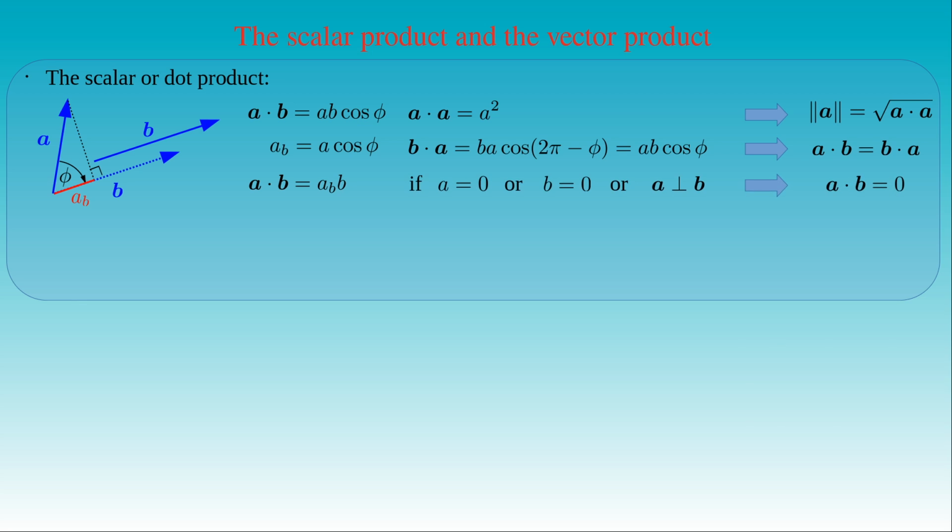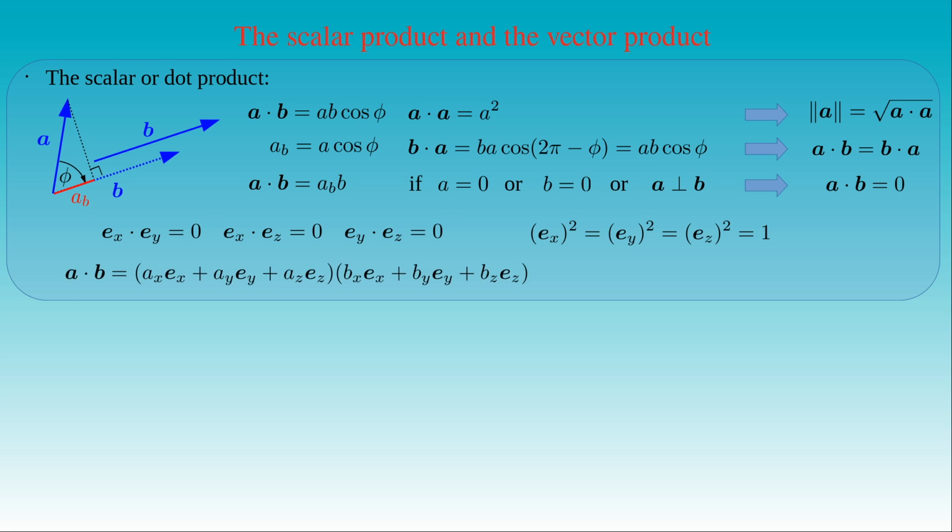Since the basis vectors of the Cartesian coordinate system are mutually perpendicular to each other, their scalar products with each other vanish. The dot products of the basis vectors with themselves give unity, since each of them is a unit vector. These properties of the coordinate basis are very useful if we expand the vectors A and B with respect to the basis vectors in the scalar product.